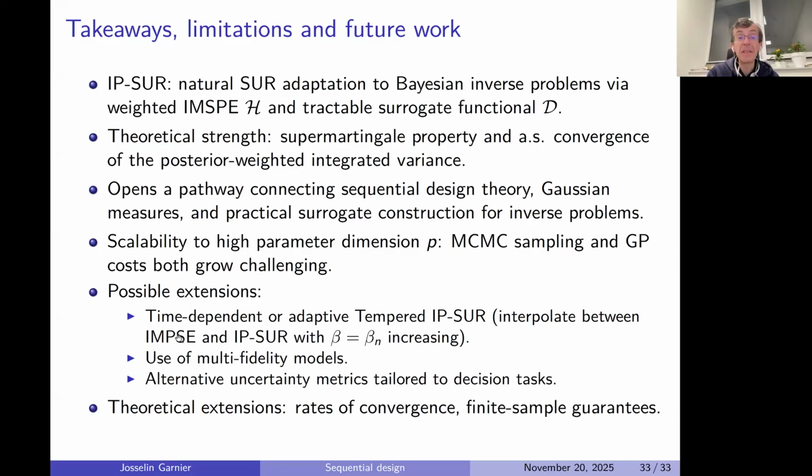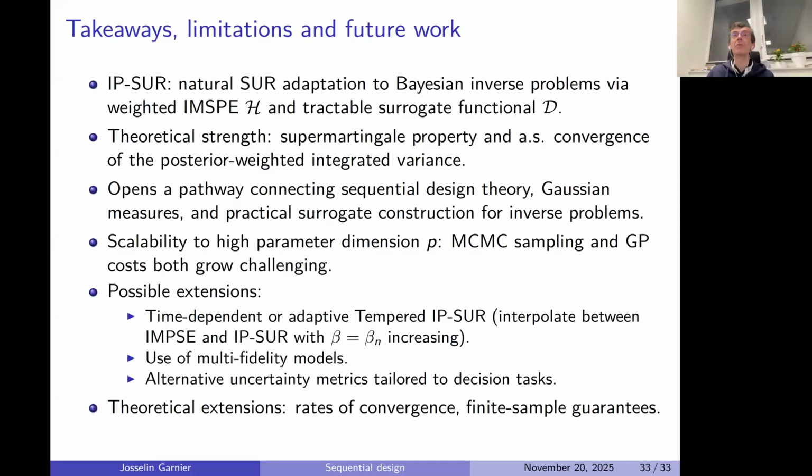As I said, you can extend this strategy a little bit with this tempered IPSure strategy by choosing beta to be a function of n itself. The idea would be to start from beta equals 0, the standard strategy.